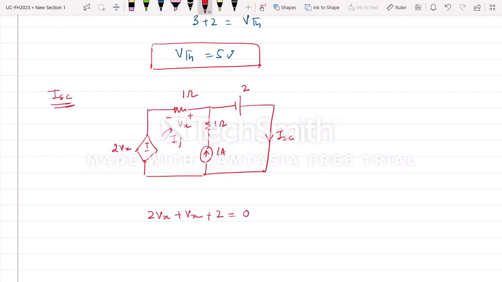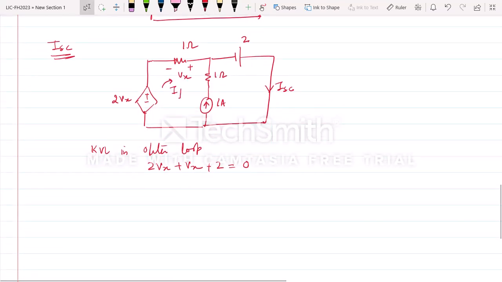KVL in the outer loop is the easier way. So 3Vx plus 2 equals 0, or Vx equals minus 2 by 3.